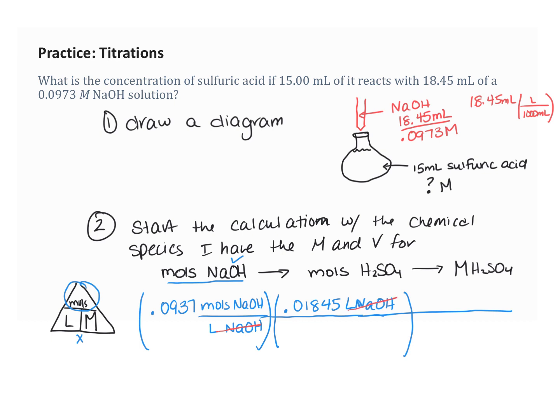And now I'm going to come here to the second step, which I'm going to do in purple, okay? And I'm going to convert to moles of H2SO4. To do this, I need the mole ratio. And we looked at the mole ratio on the previous slide from the balanced equation, and I know there's 1 mole of H2SO4 for every 2 moles of NaOH.